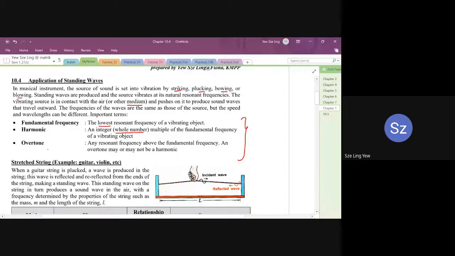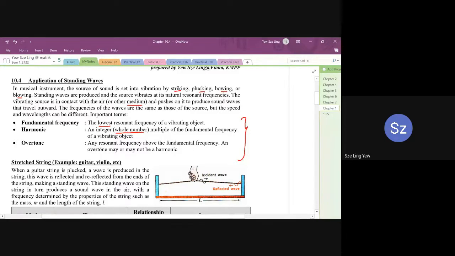Then you have another term called overtone. Overtone is slightly different from harmonic. It is also a multiple of the fundamental frequency, but it is above the fundamental frequency. It is any resonant frequency above the fundamental frequency.